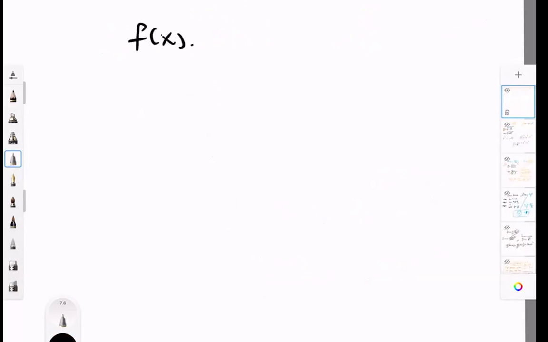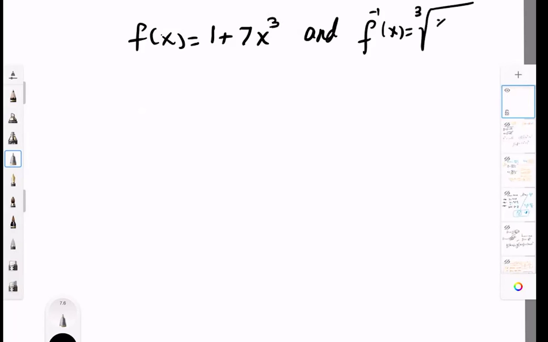F of x equal to 1 plus 7x cubed and F inverse of x equal to cube root of x minus 1 over 7. Is this true or false?